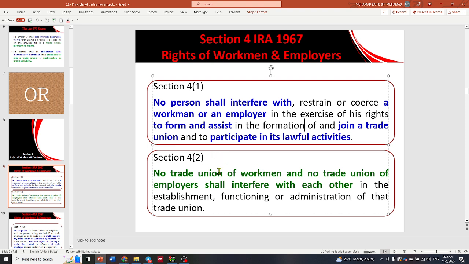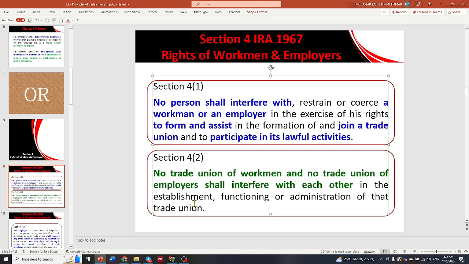Section 4, subsection 2, no trade union of workmen and no trade union of employees shall interfere with each other in the establishment, functioning or administration of the trade union. Ini bermaksud trade union is one independent body. Jadi trade union ni contohnya kesatuan ahli pekerja nakal ni, dia sepatutnya bersifat independen.